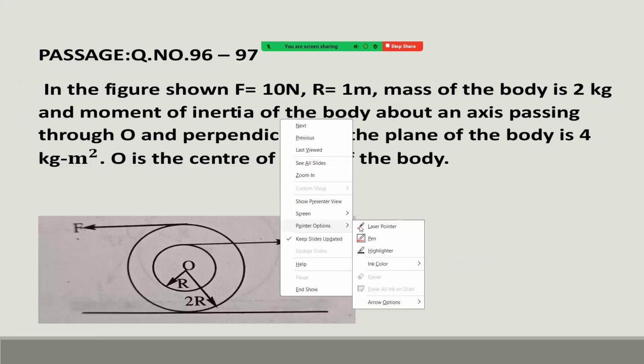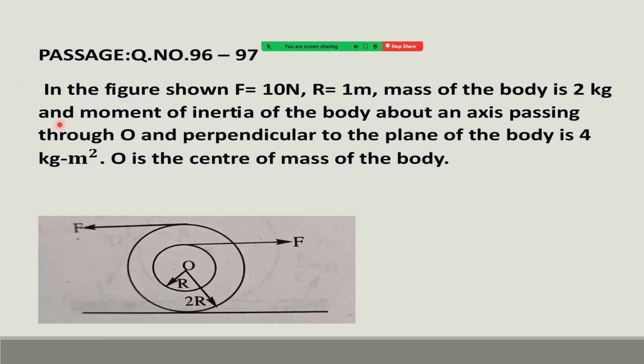Let's see the question given. In the figure shown, F is 10, R value is 1, mass of the body is 2 kg, and the moment of inertia of the body about an axis passing through O and perpendicular to the plane of the body is 4 kg meter square. Right?